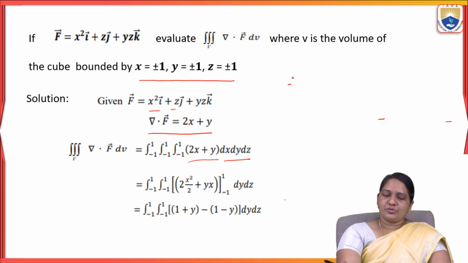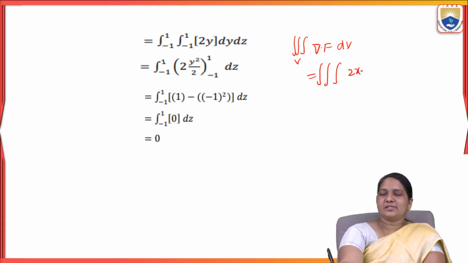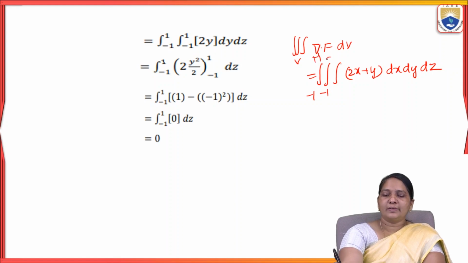Now observe the triple integral over V. That means we are taking the limits here. The triple integral over V of del dot f dV is equal to the integral of (2x plus y) dx dy dz, and limits are minus 1 to 1, minus 1 to 1, minus 1 to 1.